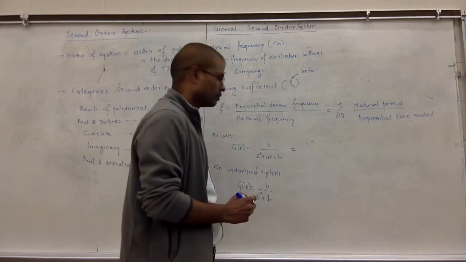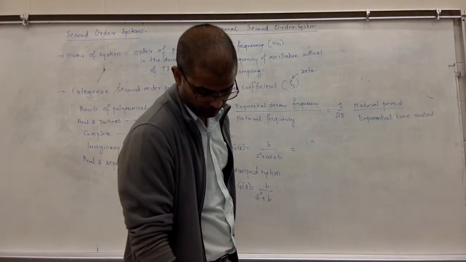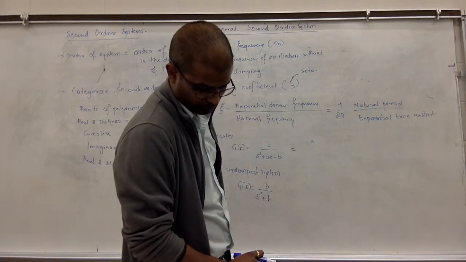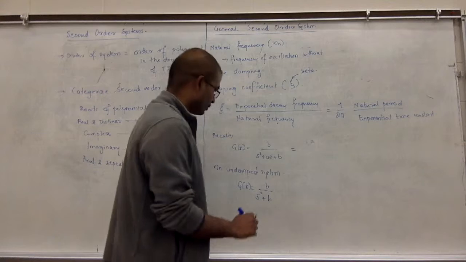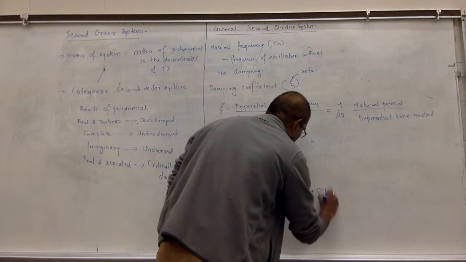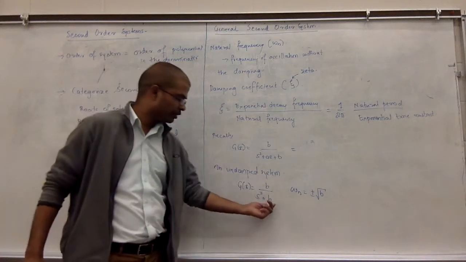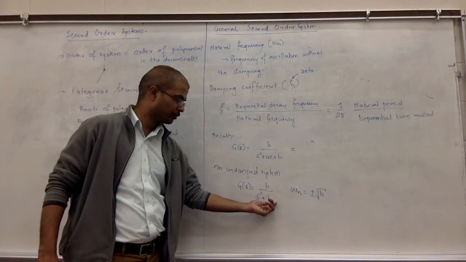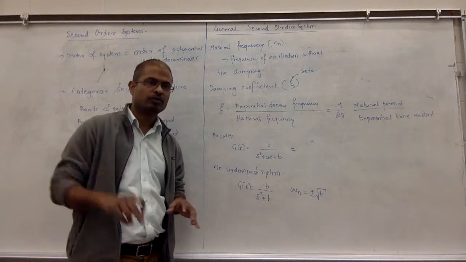So here, omega n is simply equal to the root of B. You have to understand this, so go back to the response. The pole determines how the system responds, right?